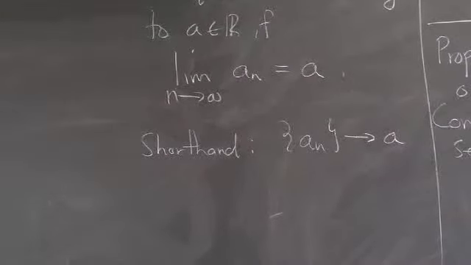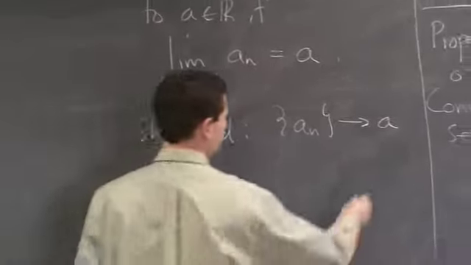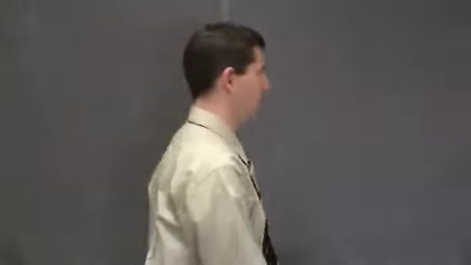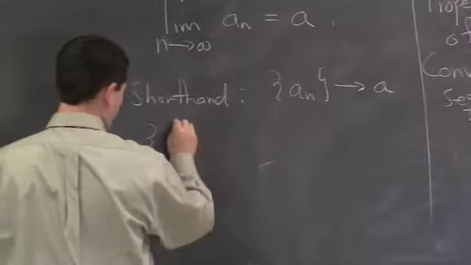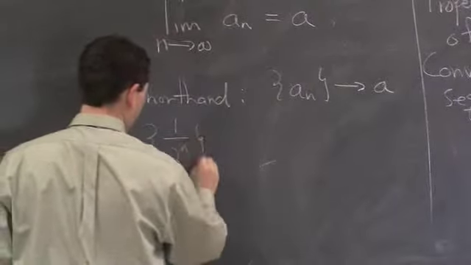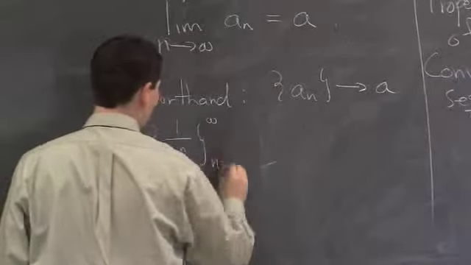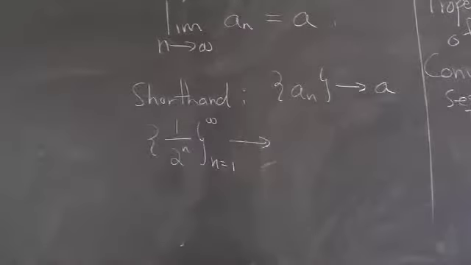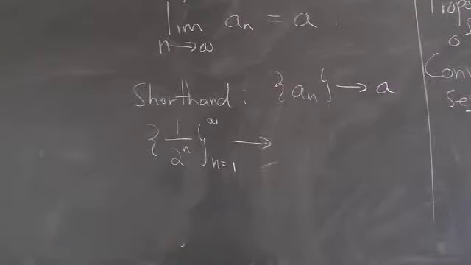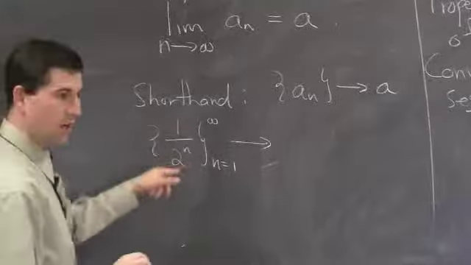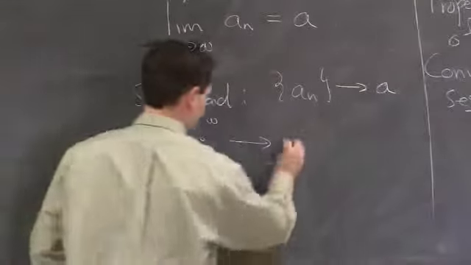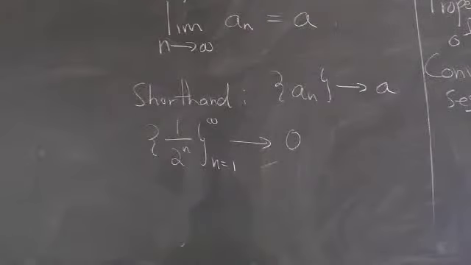So the sequence AN converges to A. For instance, the sequence 1 over 2 to the n, where n goes from 1 to infinity, converges to 0. As n grows large, this fraction grows small. In fact, it grows arbitrarily close to 0, and it will stay arbitrarily close to 0. So that's a nice short way to write it.